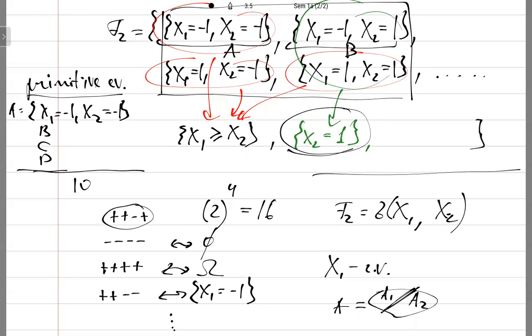This green x2 is equal to 1 can be written as a union of B and D. Got it. Thanks. This is B union D. This is A union C union D.